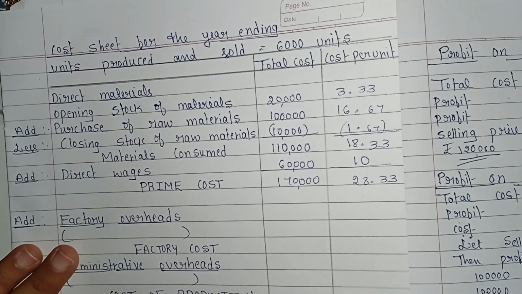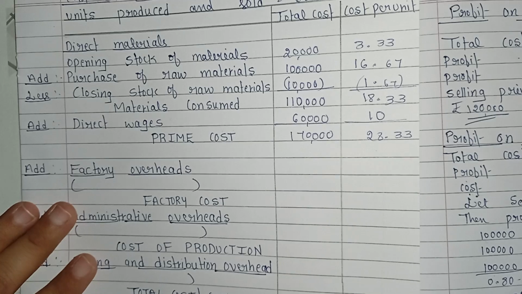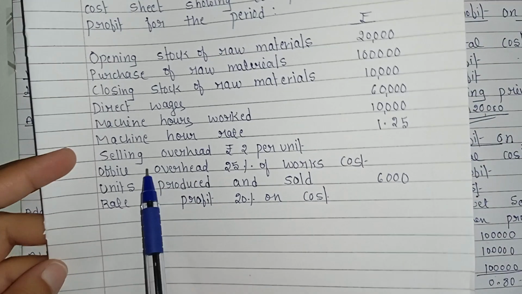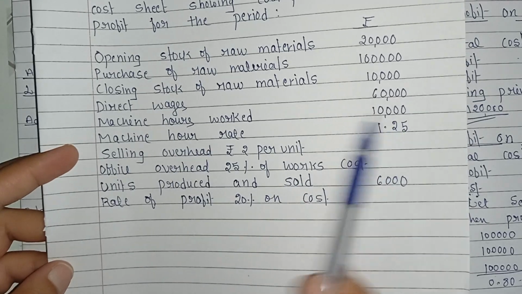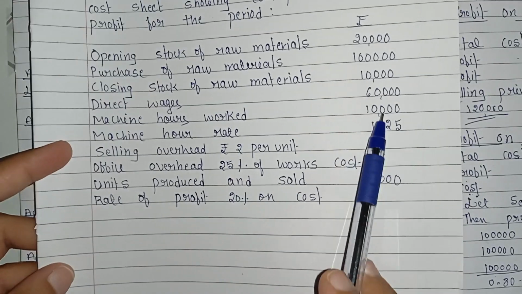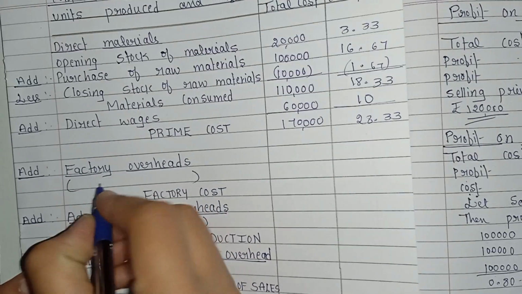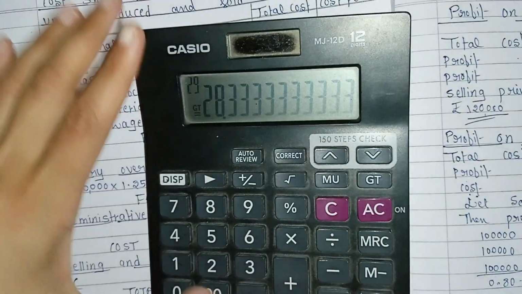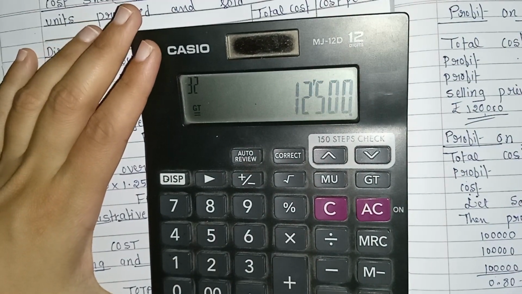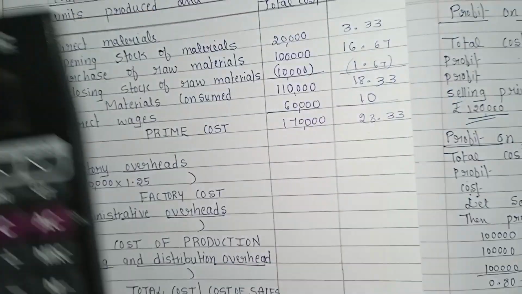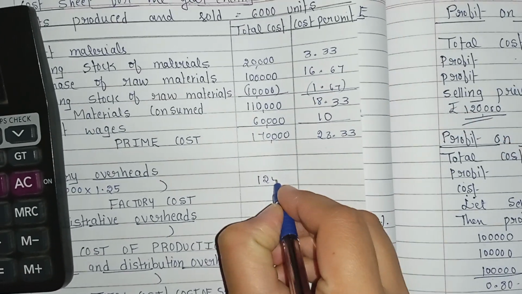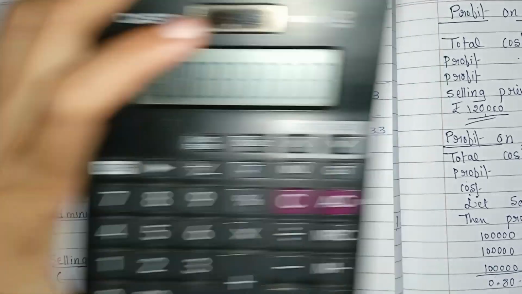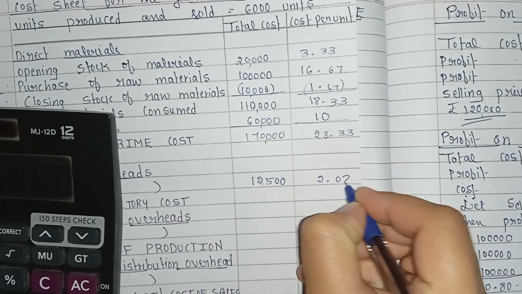After that we have to find the factory cost. We add factory overheads. Machine hours worked 10,000 and machine hour rate 1.25, so 10,000 into 1.25 equals rupees 12,500, and the cost per unit, divided by 6,000, is 2.08.